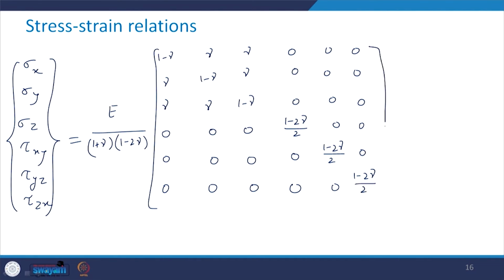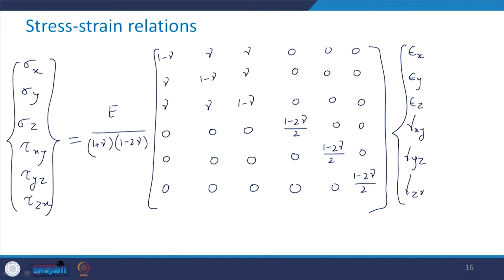So, this is how this matrix is going to be, and then we will have on this side the strain vector which is epsilon x, epsilon y, epsilon z, then gamma xy, gamma yz and gamma zx.